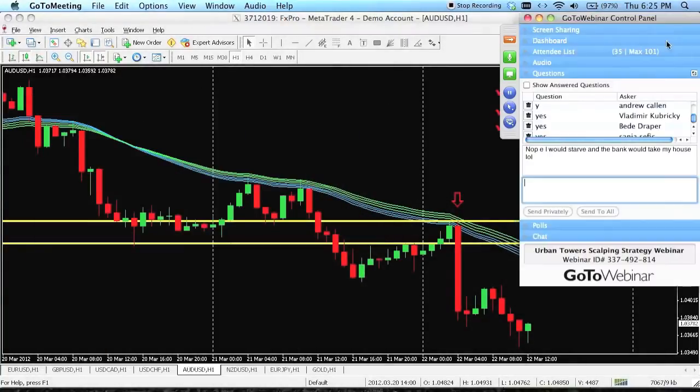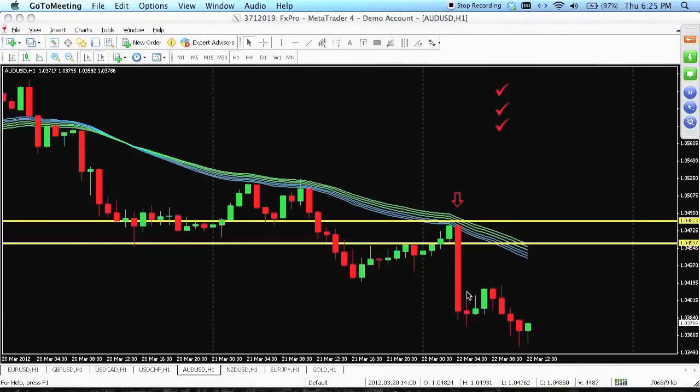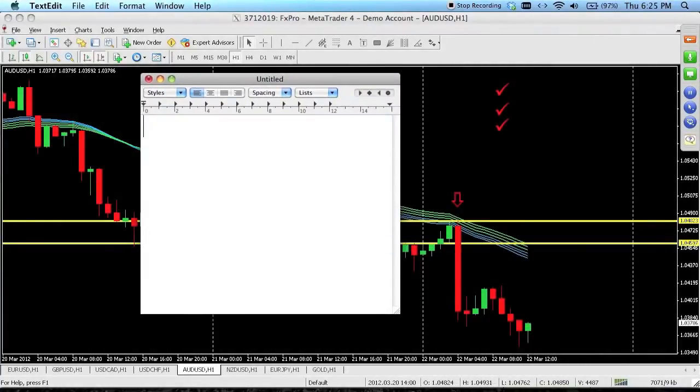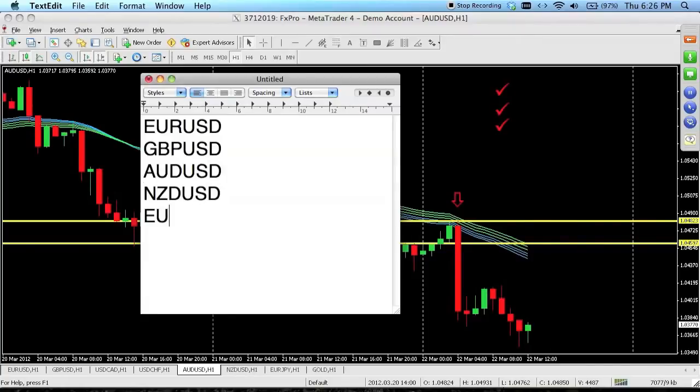Now let's go through our correlation methods. Guys, write this down. I'm gonna put this up for you. Euro USD, pound dollar, Australian dollar US dollar, New Zealand dollar US dollar, Euro yen, sometimes even gold.